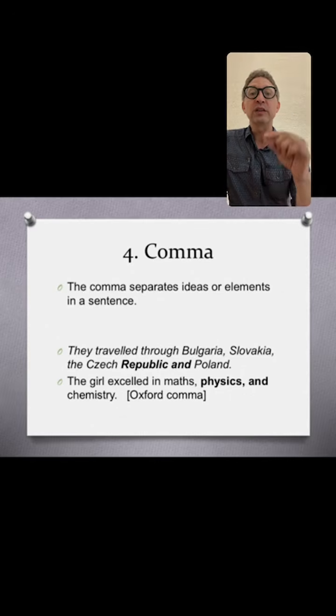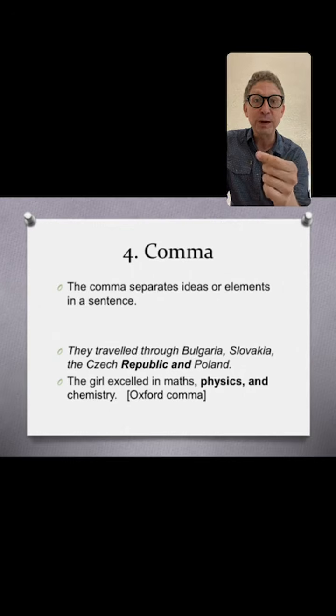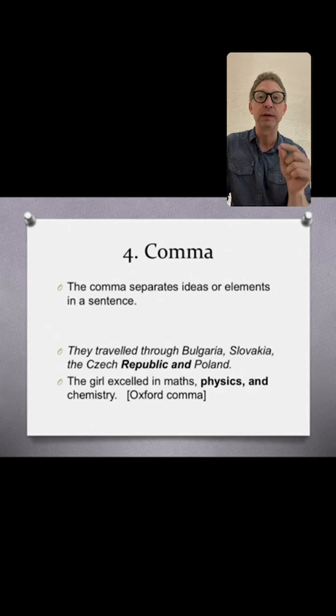But the Oxford comma in the first example is after the Czech Republic. So you would have Bulgaria, comma, Slovakia, comma, and then if you wanted to use the Oxford comma, you put another one after the Czech Republic.